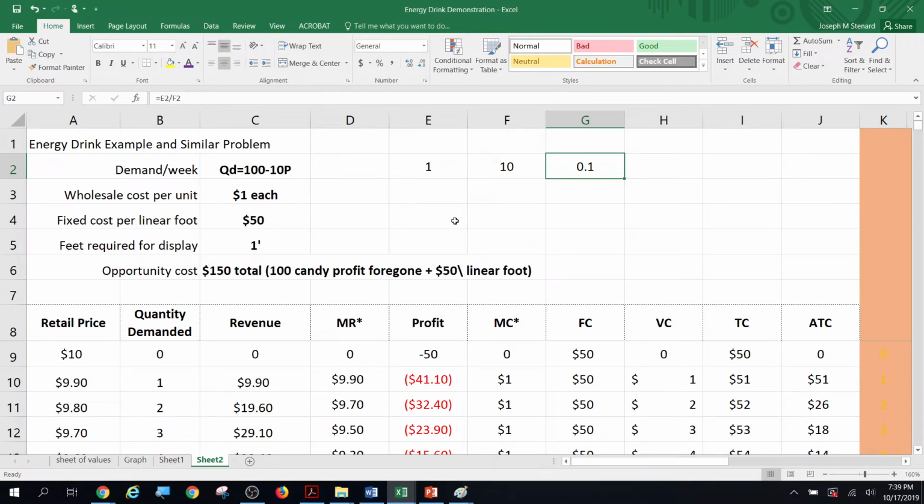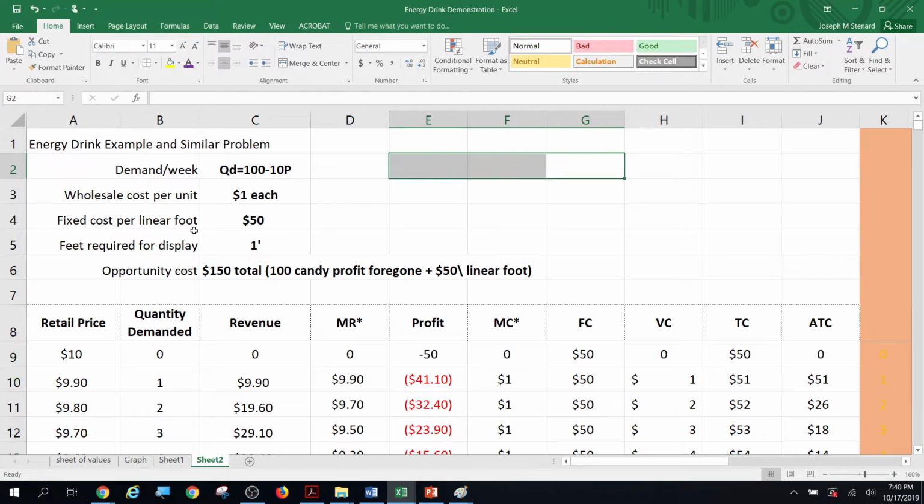If you wanted to do it with some different number, let's say if the formula involved a 5 or a 25 or something like that, then you'd still keep that as $1, but you'd change the coefficient to whatever coefficient you're using. And that would tell you how many pennies you have to drop the price in order to gain one more customer.